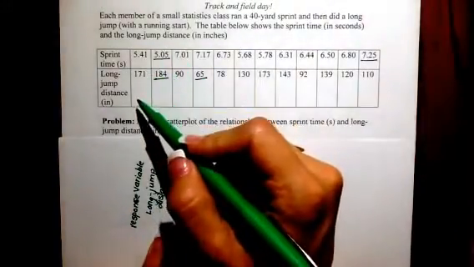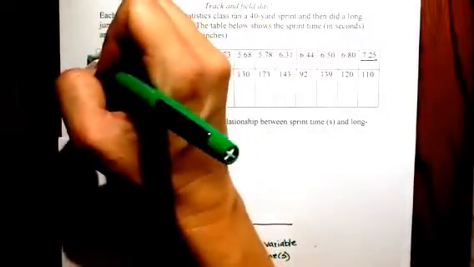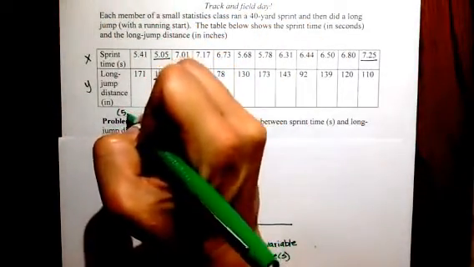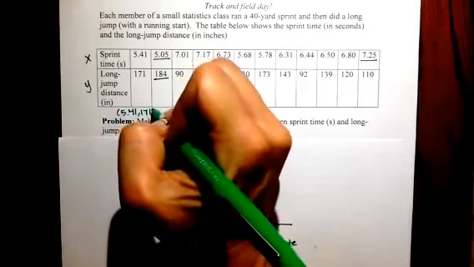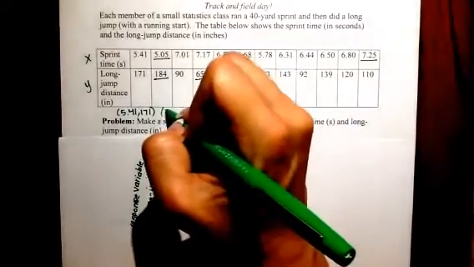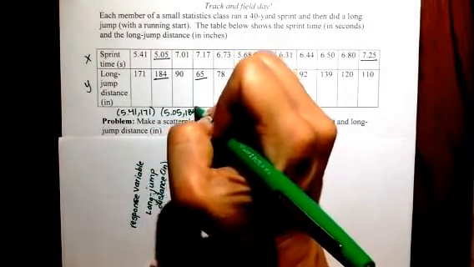Now each of these values becomes an ordered pair. So this becomes my x and my y for my ordered pair, and I have 5.41 is an ordered pair with 171. And 5.05 becomes an ordered pair with 184.